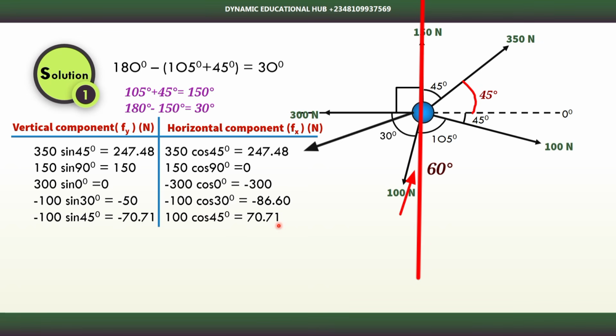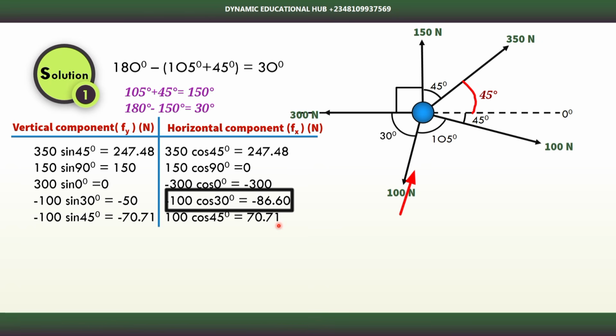So the closer a force is to a particular plane, while resolving it, the more force it gives to that plane. That is what I want to say. Looking at this 100 Newton here, you discover that when you resolve it, the force that is being given to the horizontal component is more, which is 86.60. Removing the minus. The minus is just showing you the direction of the force.